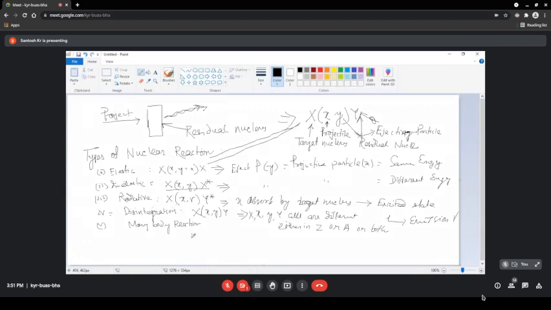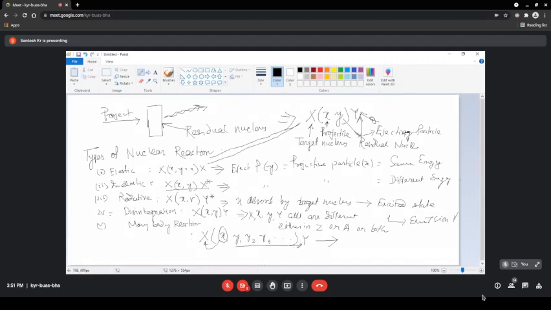Many-body reaction. In a many-body reaction, the reaction is of this type: y1, y2, y3, and so on. What does it mean, Brahmanand? It means the projectile incident on X emits a number of particles, many ejecting particles.